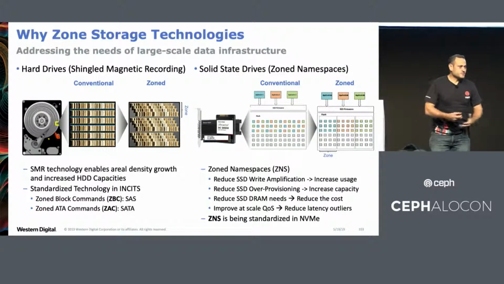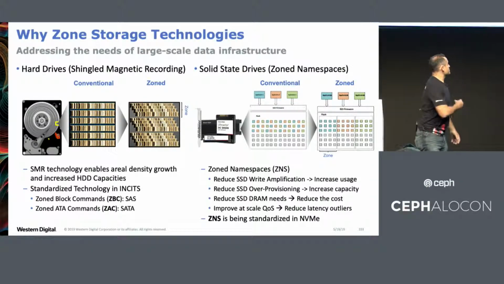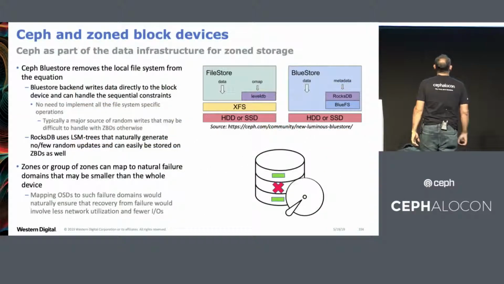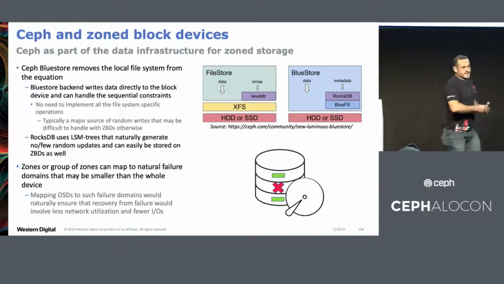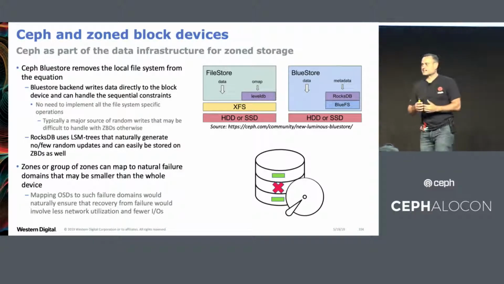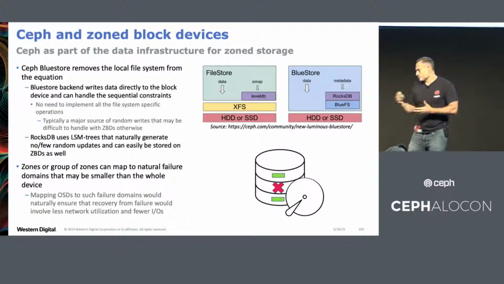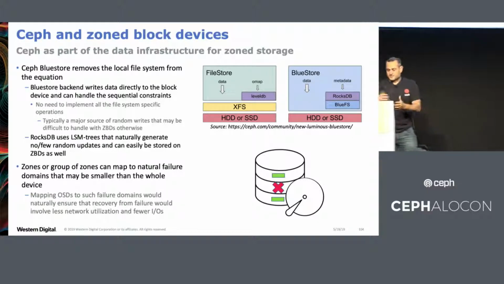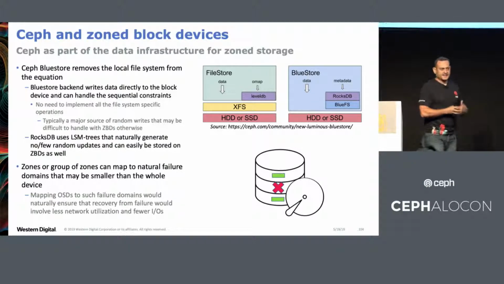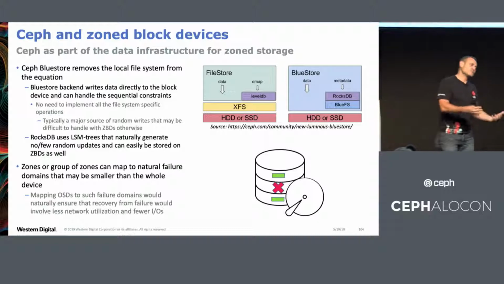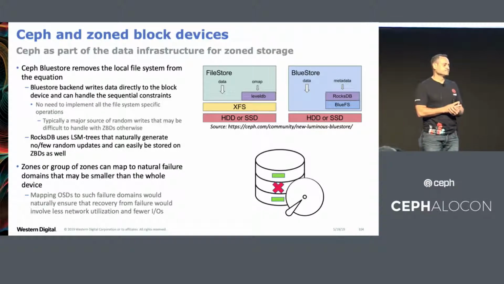So it makes sense that we get Ceph ready to make use of these technologies. So to do that, we're looking at the shift to use BlueStore as a backend, and that being a better fit for us to integrate zoned block technologies within Ceph.